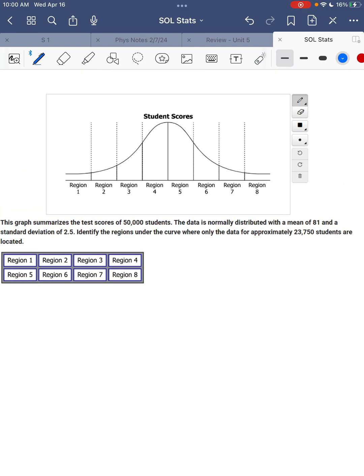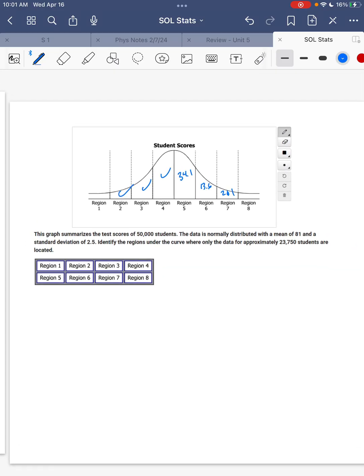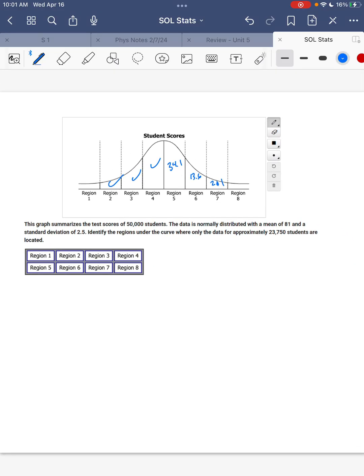Now remember, these little regions right here, we can go to our calculator, but remember this is 34.1, this is 13.6, and this is 2.1, and those basically get repeated over here. And so they say here, the data is normally distributed with a mean of 81 and a standard deviation of 2.5.